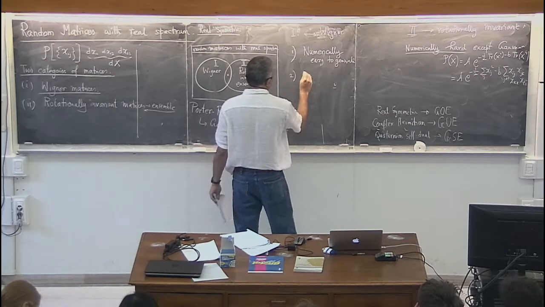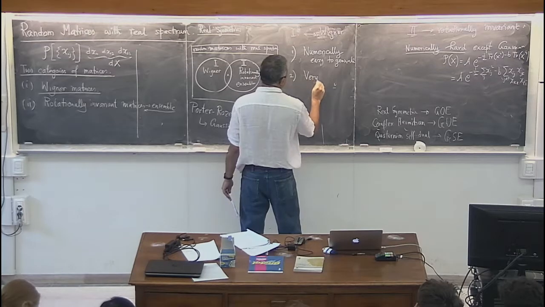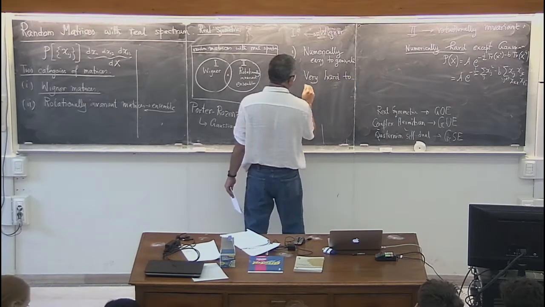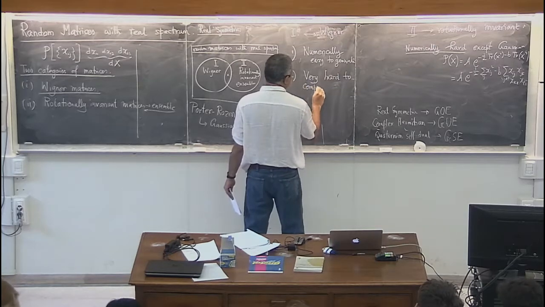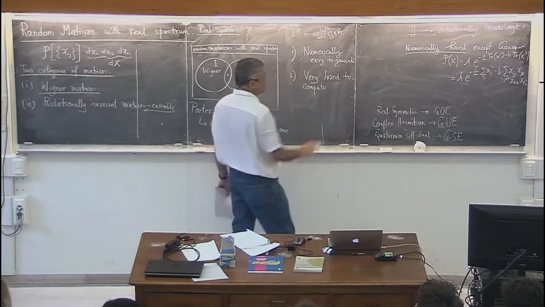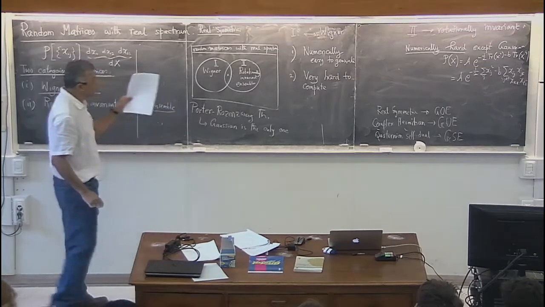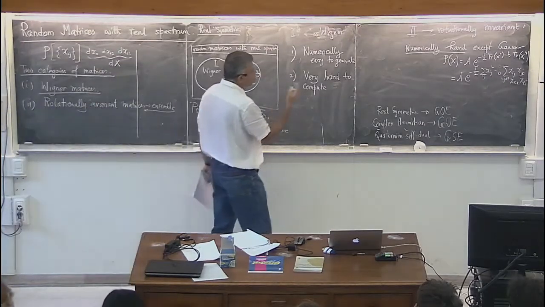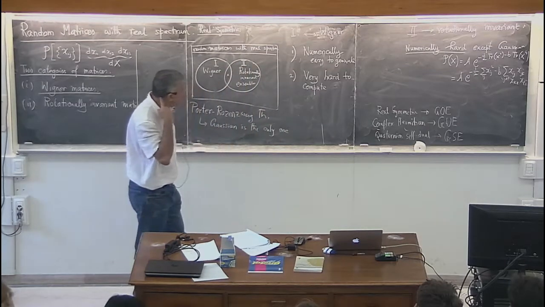Now, as I told you, the main problem is that once you assign this joint distribution of the entries, after that you want to compute the distribution of the eigenvalues, right?